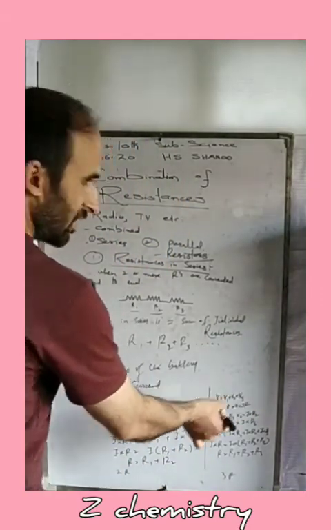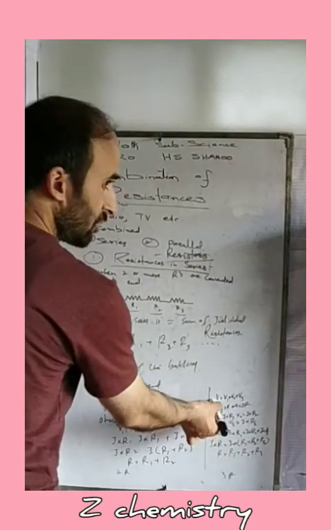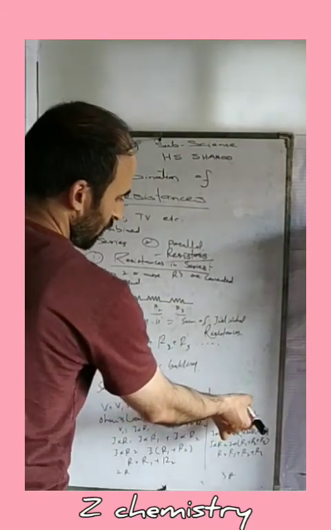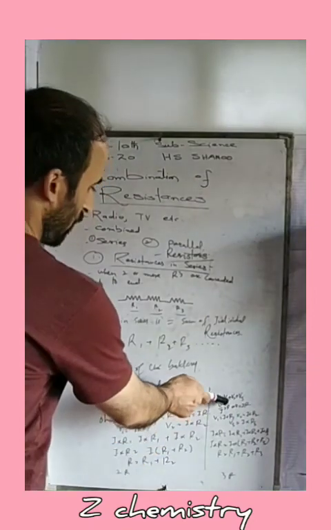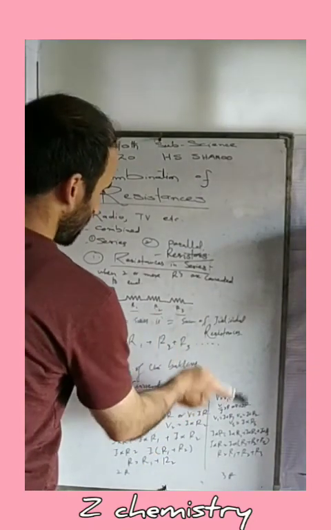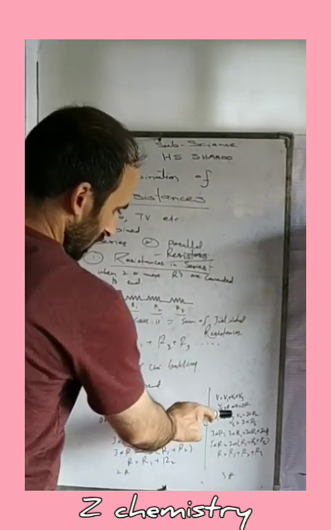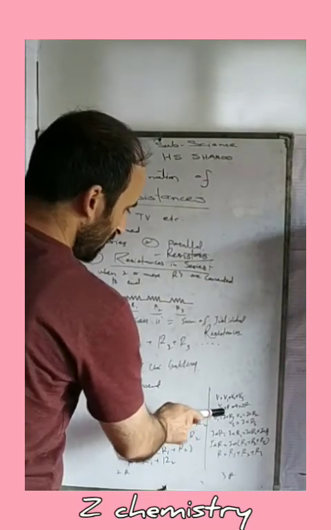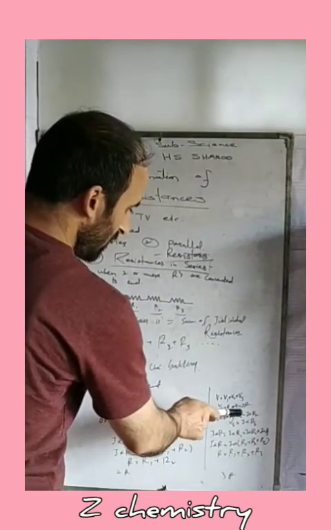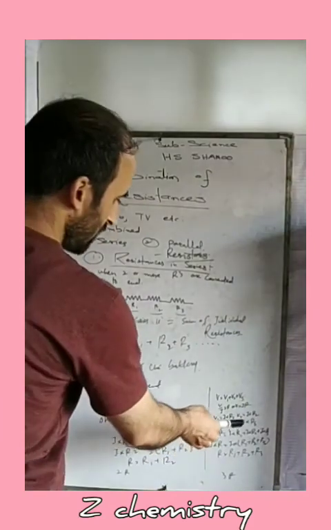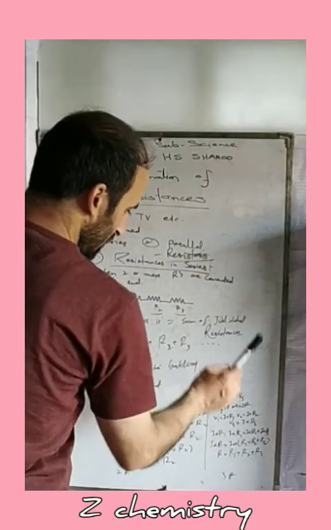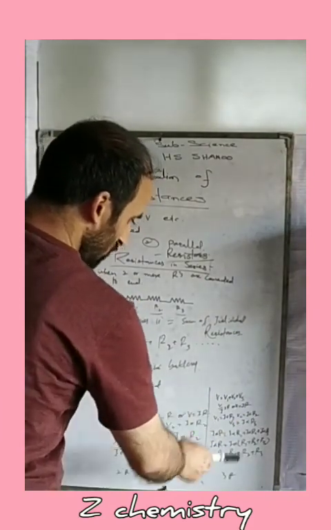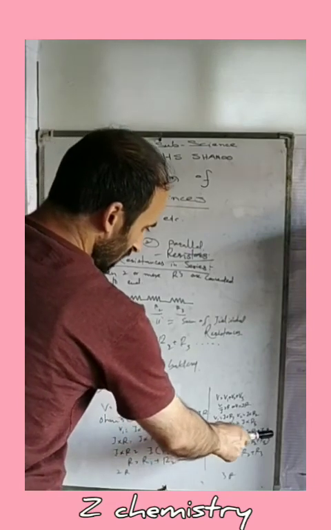Potential difference is equal to the voltage of the circuit, V is equal to V1 plus V2 plus V3: the potential differences of R1, R2 and R3. And according to Ohm's law, V is equal to IR. V1 is I into R1, V2 is I into R2, V3 is I into R3. Substituting, I into R is equal to I into R1 plus I into R2 plus I into R3.